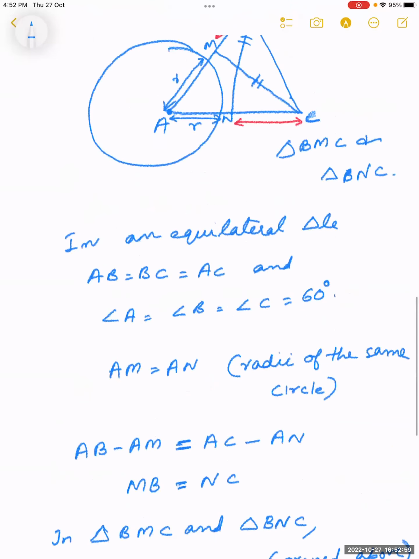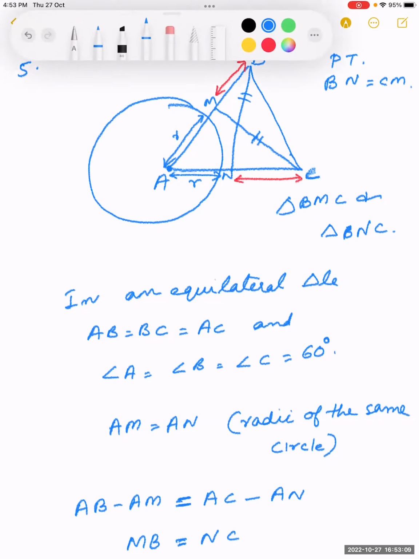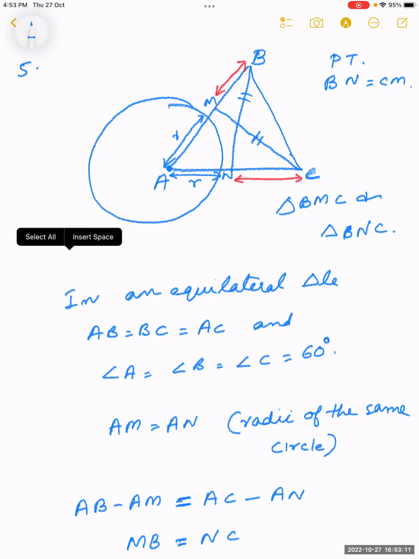Which is the next thing? Can you guys tell me? Anything common? Which all triangles? There is no center point for a triangle, right? We are not saying it is the center.